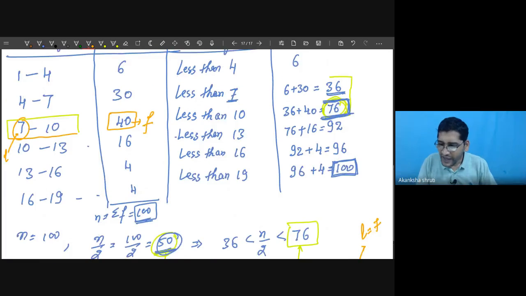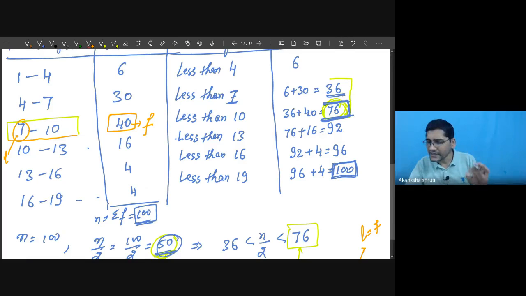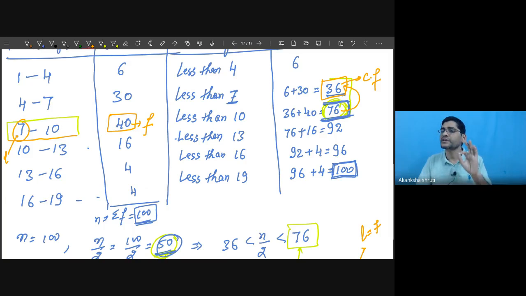Now we have to go for the cumulative frequency just before the modal class. Mark this as CF. These things you must mark in your table itself first.